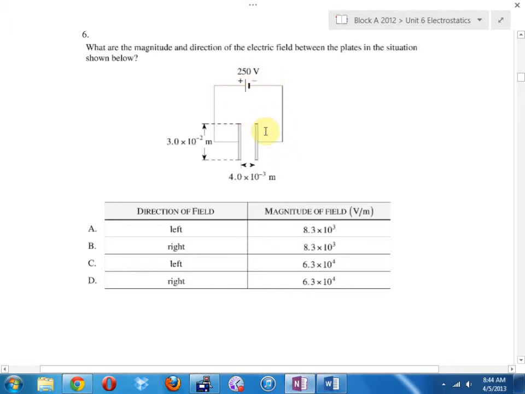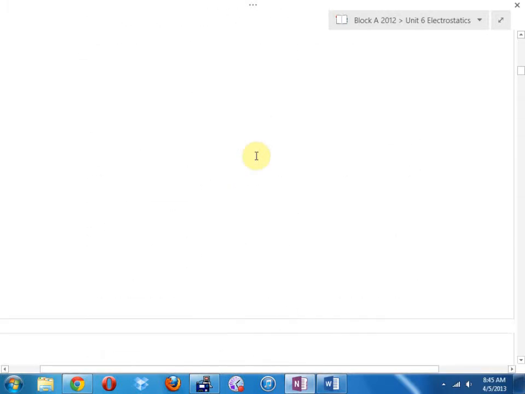This is a great question for the end of the year because it combines a circuit diagram along with electrostatics, but it did tell you this is the positive end, so you hopefully clued in that this is the positive side, this is the negative side, and so you can tell which direction the electric field is. But you need to know how to figure out the direction in an electric field between parallel plates, very similar to the quiz we did today. You also need to know, again, the idea that the electric field between parallel plates is uniform.